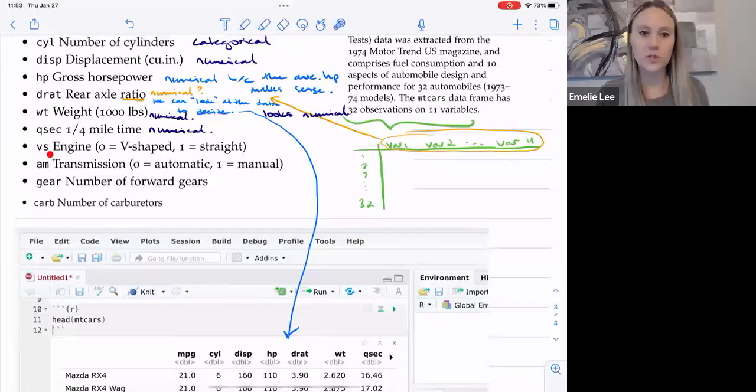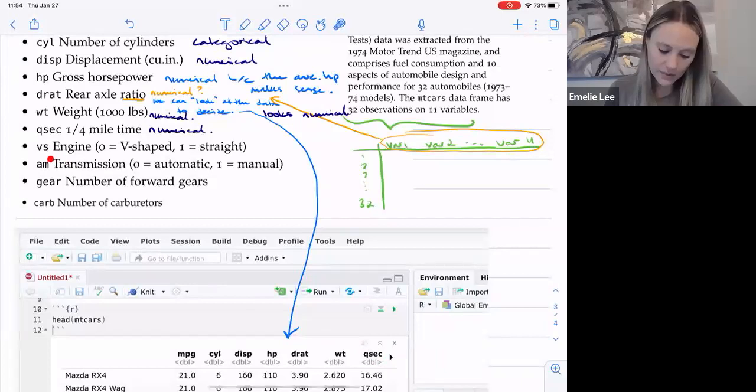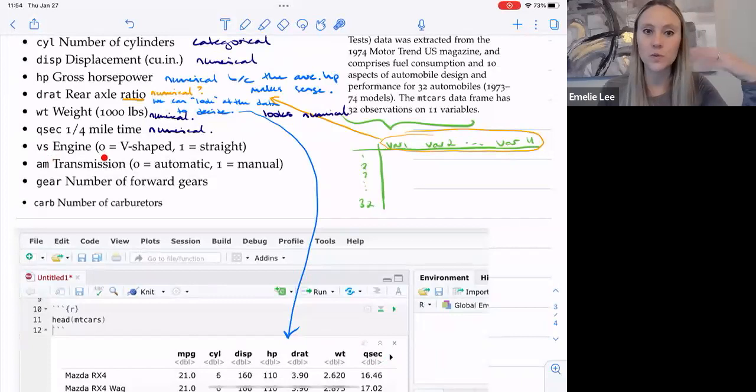Now, the VS variable, which is cut off here, has this dictionary: 0 indicates a V-shaped engine and 1 indicates a straight engine. So here it's more obvious that this would be a categorical variable despite having numerical entries.